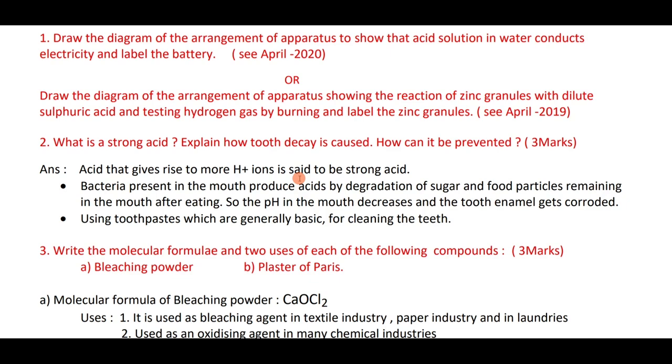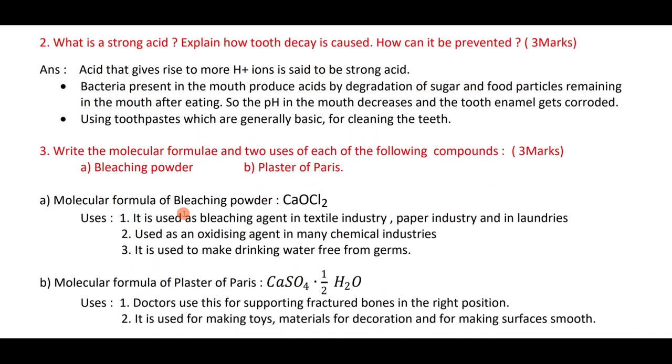So the pH in the mouth decreases and the tooth enamel gets corroded. You can prevent this by using toothpastes that are basic in nature for cleaning the teeth.